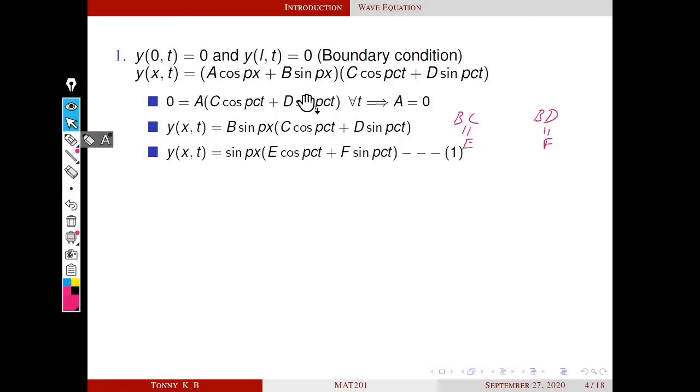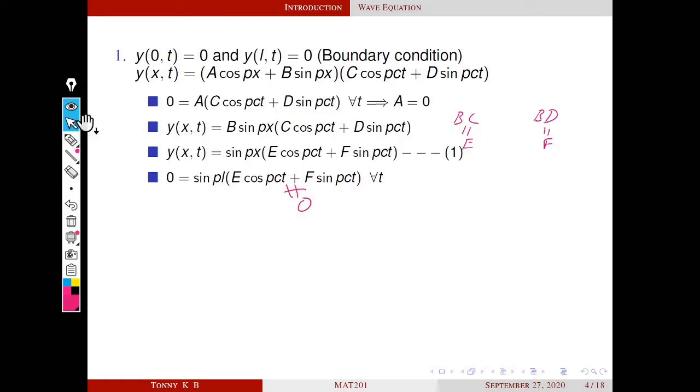Next we are going to apply the second boundary condition. We substitute x equal to L. When x equals L, the left hand side becomes y(L,t), that is 0. What about the right hand side? The right hand side is sin pL. So 0 = sin pL (e cos pct + f sin pct) for all t. As in this case, this term is non-zero. If this is 0, then our solution is throughout 0.